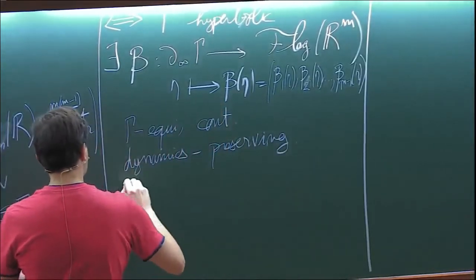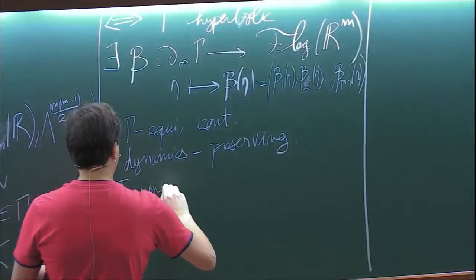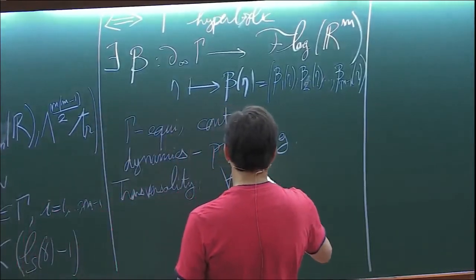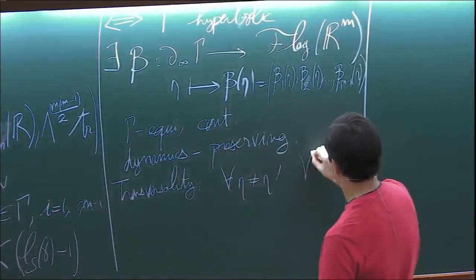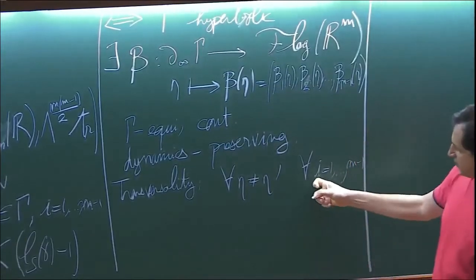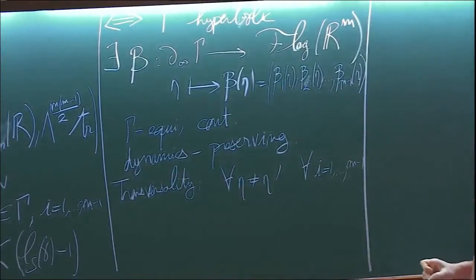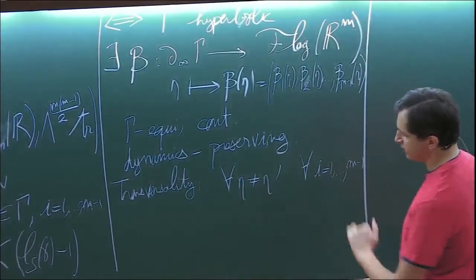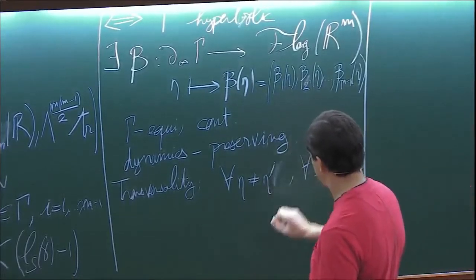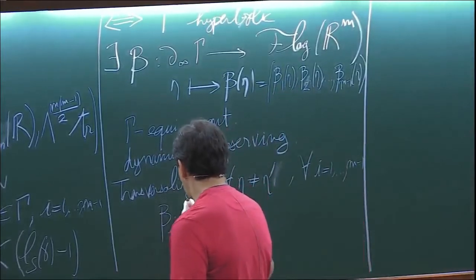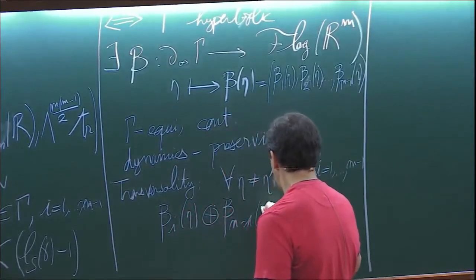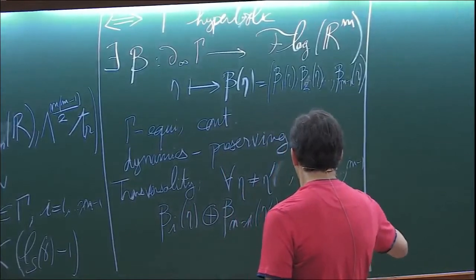There is a transversality condition that says the following: for every pair of distinct points eta and eta prime and for every i between 1 and m minus 1, beta i of eta and beta n minus i of eta prime are in direct sum, that is, they sum up to the whole space.